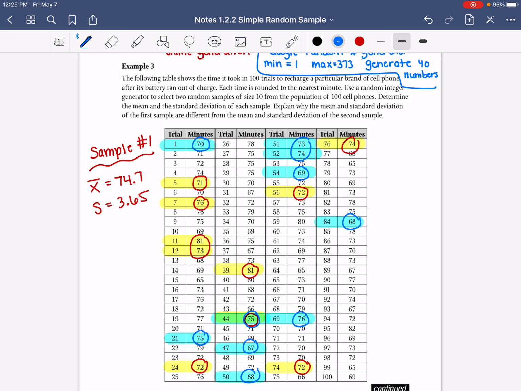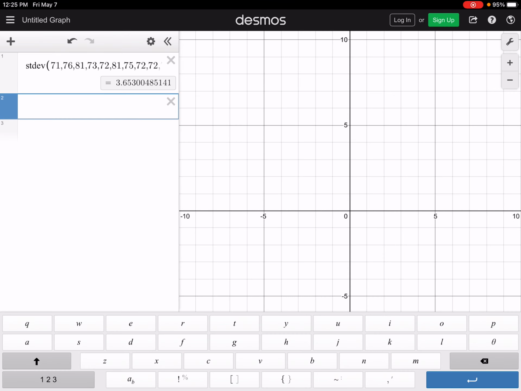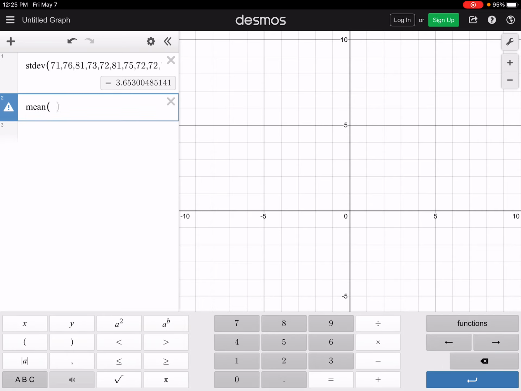And then we're just going to go to Desmos, and type in mean, parentheses, and we'll type in our numbers. So 70, 75, 75 again, 67, 68, 73, 74, 69, 76, 68.